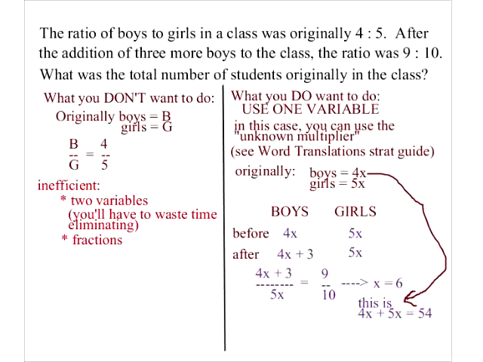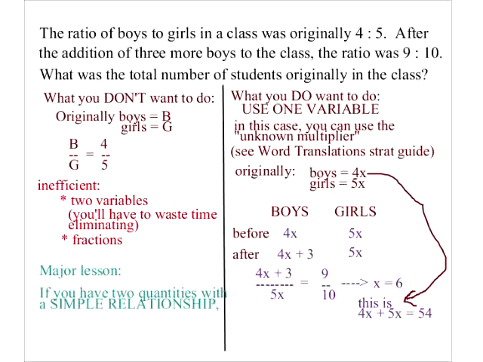So here's the major takeaway that you want to get here. The major lesson is: if you have two quantities with a simple relationship, then you should use only one variable for them.